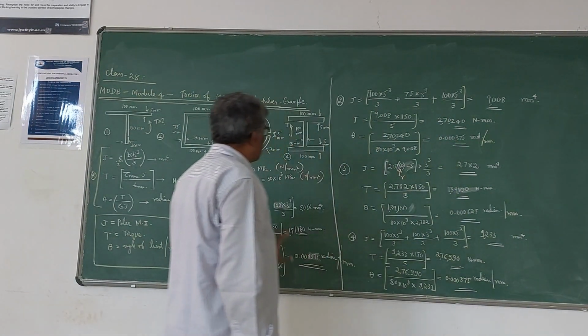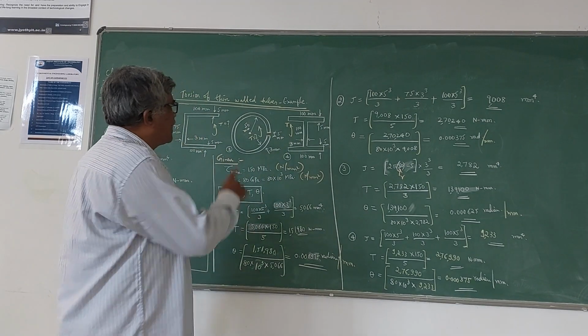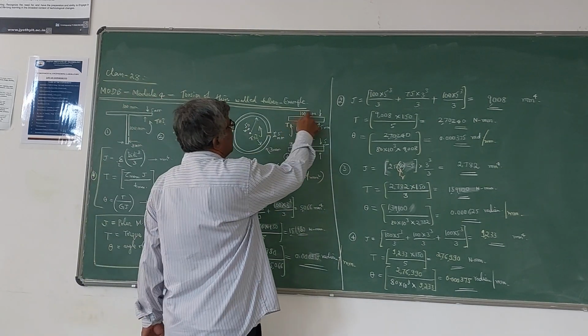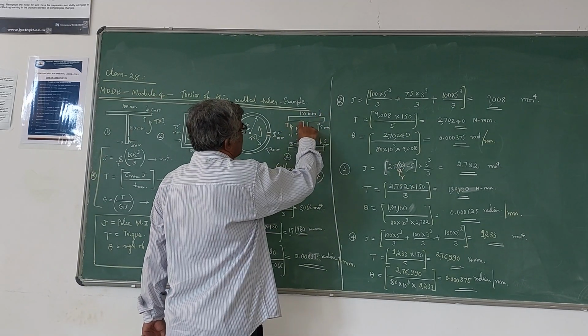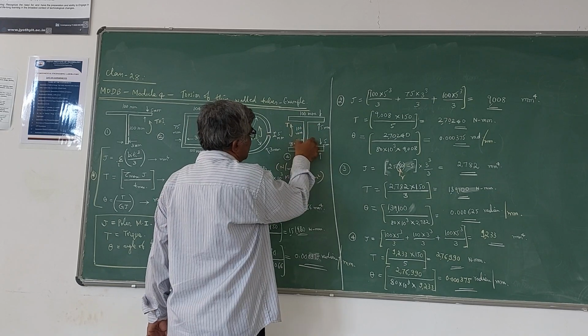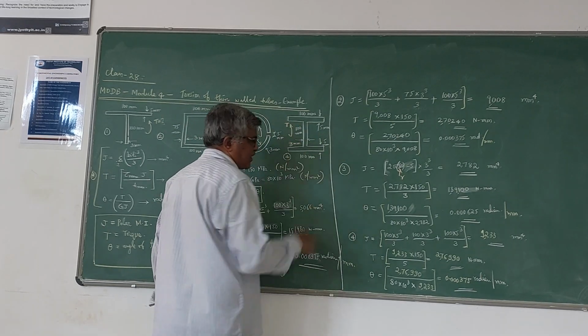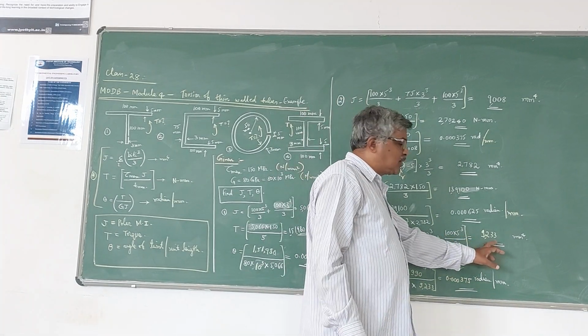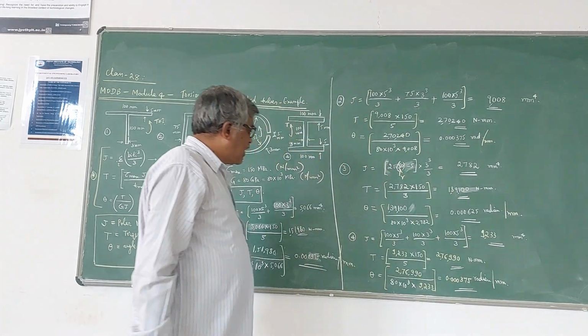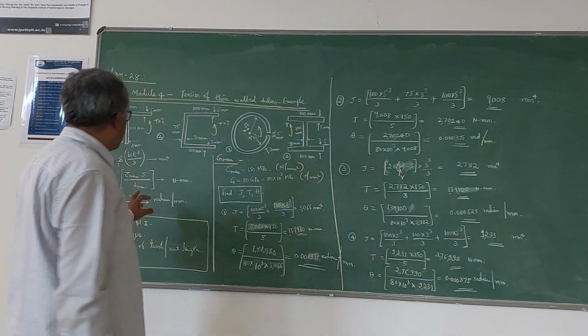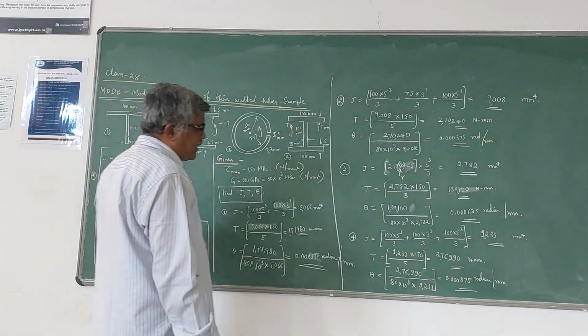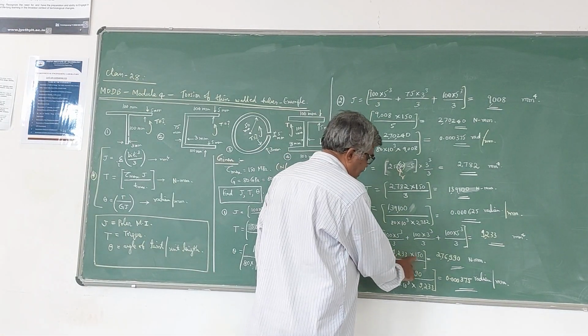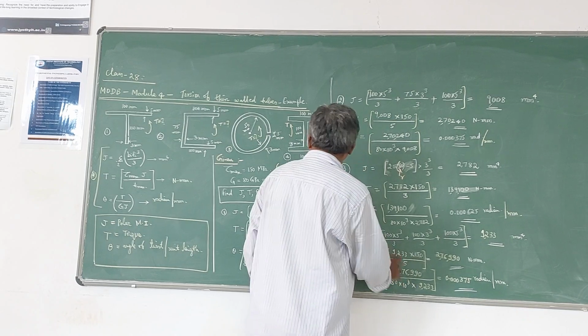Next, lastly, the fourth one, this I-type section. There are 3 rectangles here. 100 into 5 cube by 3 plus 100 into 3 cube by 3 plus 100 into 5 cube by 3. So that is your J value, 9233 millimeter power 4, and the T value once again is J into tau max divided by t max, which is 5 here.